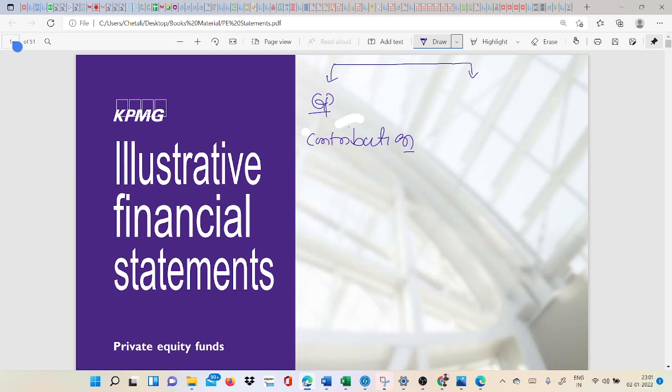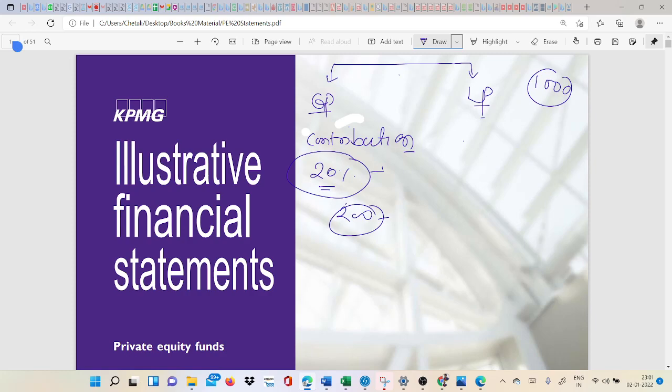That is, it should be at least 20%, and the rest would be from the limited partners. And this is a mandate nowadays, at least for India. If the size of the investment is around 1000 crore, then they will have to contribute at least 200 crore. Then only they can launch the scheme. That's it.